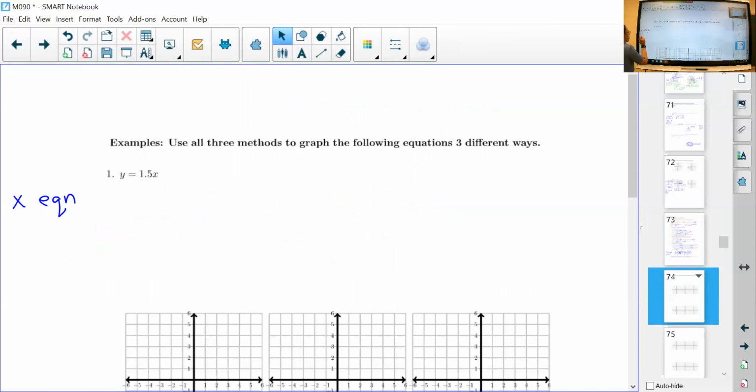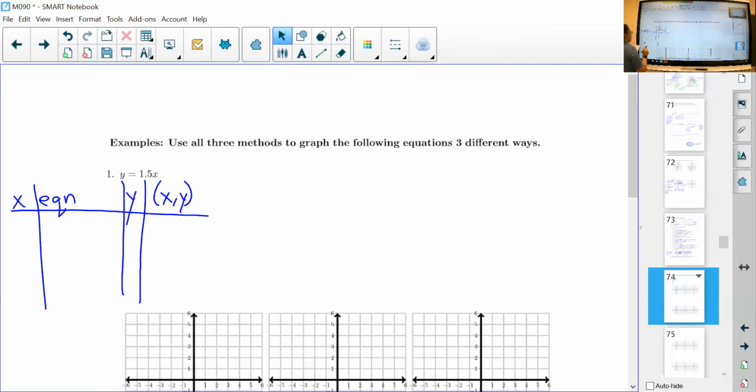Sometimes I abbreviate equation EQN, but I still like to leave some space for it because sometimes the equation is a little longer. XY. So again, notice that where I draw my lines, I give a lot of space for the equation, not as much for x and y.